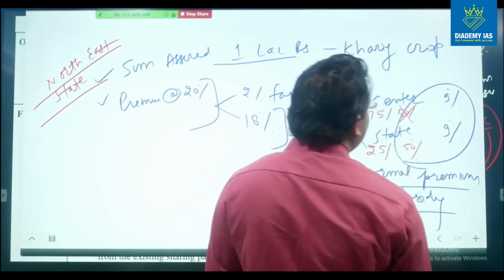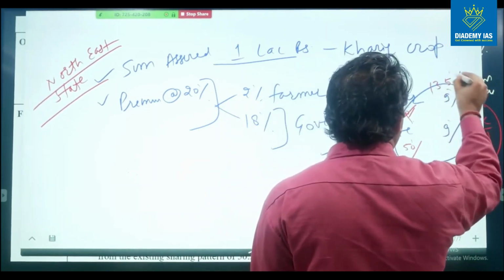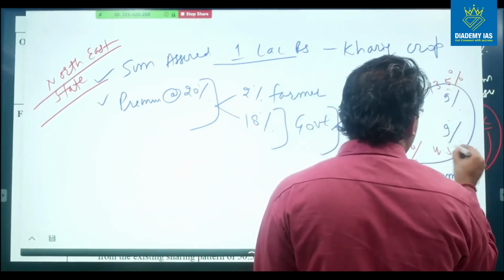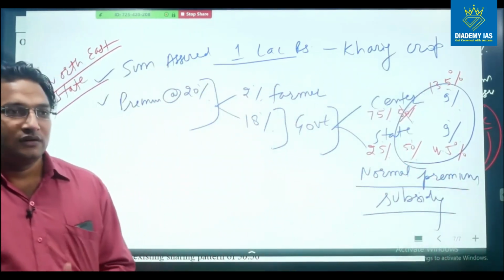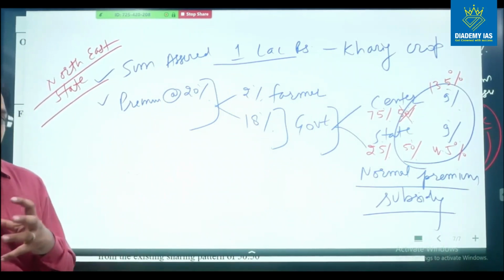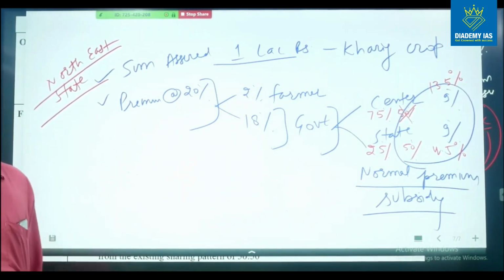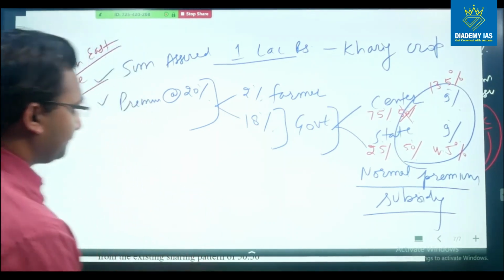So in our example, 13.5% will be borne by the center and 4.5% will be borne by the state. So this ratio of 3:1, 75% to 25%, will be applicable in case of the northeastern states, right? This is one case.